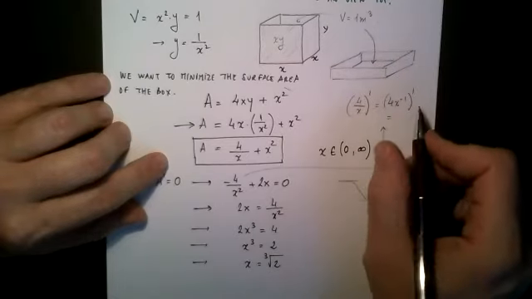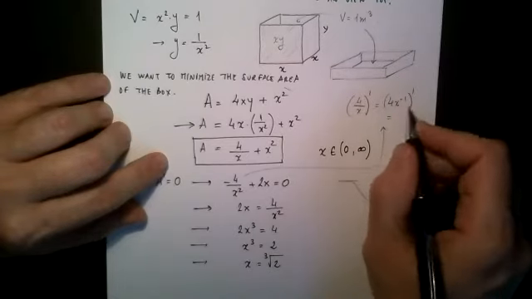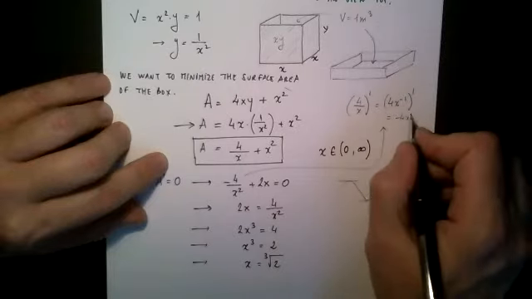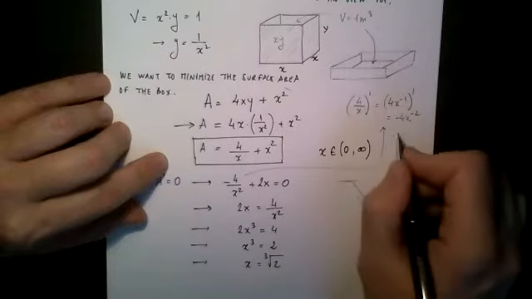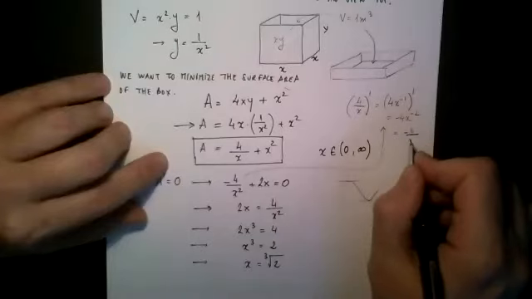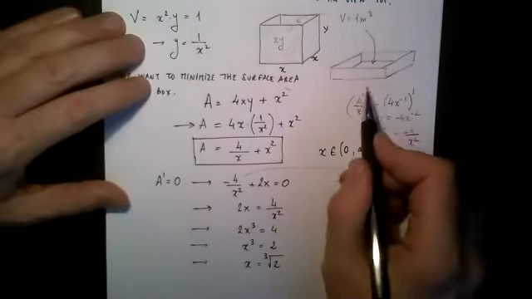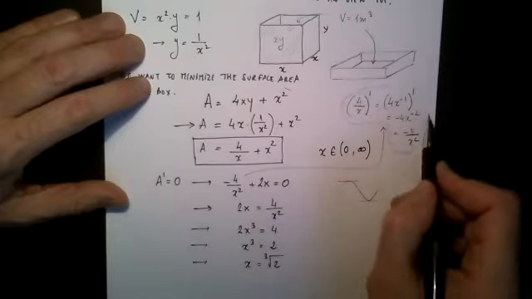And then I use the power rule, put the minus 1 in front, minus 4x, and minus 1 from the exponent is minus 2. And so that's negative 4 over x squared. Clear?